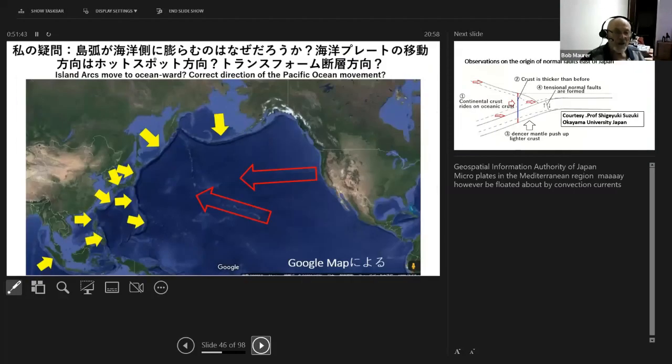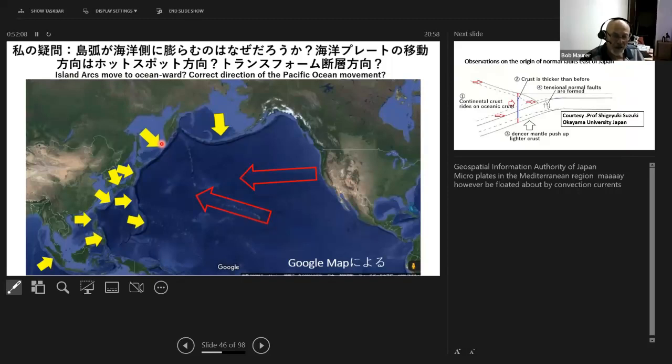We go on to Professor Shiga, who sent me this. The arrows are showing that the Philippine and the Japanese arcs are moving into the Pacific Basin, not subducting under it. Again, he has found a practical example where the explanation is much easier to consider.